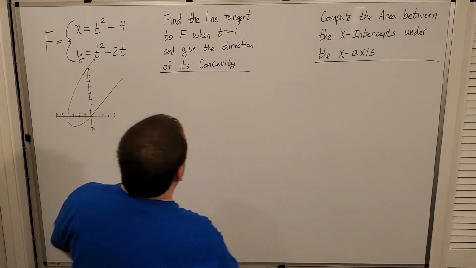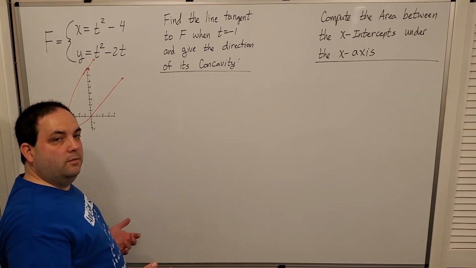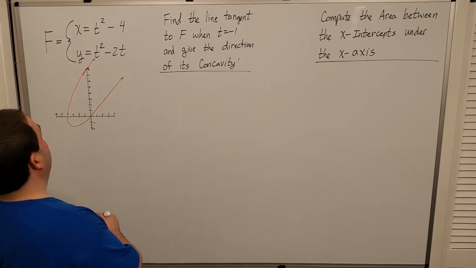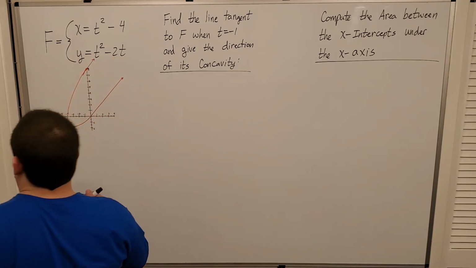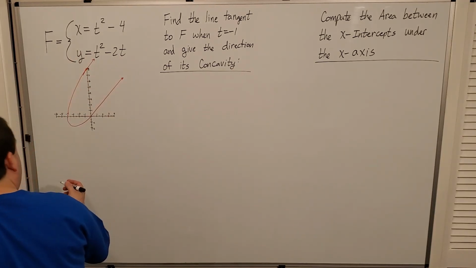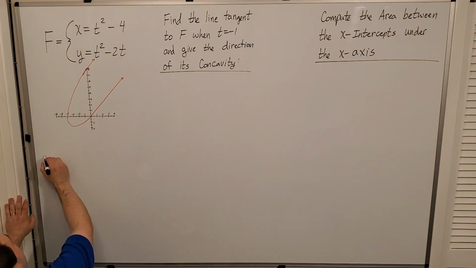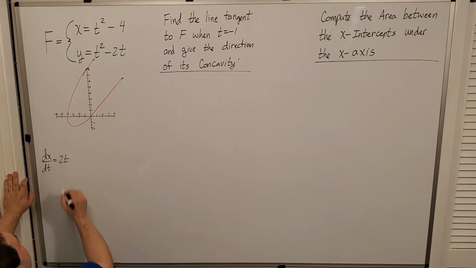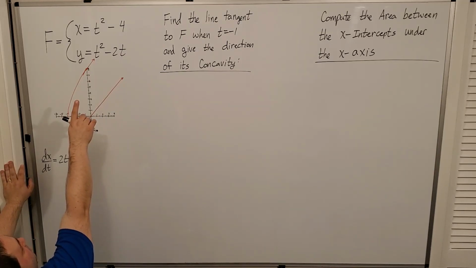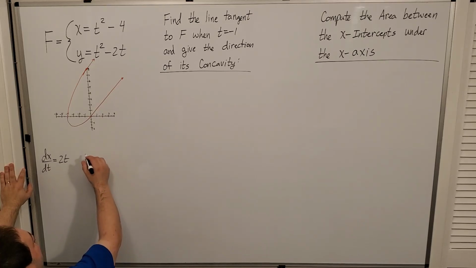Okay, so let's begin. To find the line that's tangent to F, we need some derivative action. Okay, so I'm going to start by writing down dx/dt and dy/dt. dx/dt is equal to 2t. So you can do the derivative of each piece. Derivative of 4 is 0.